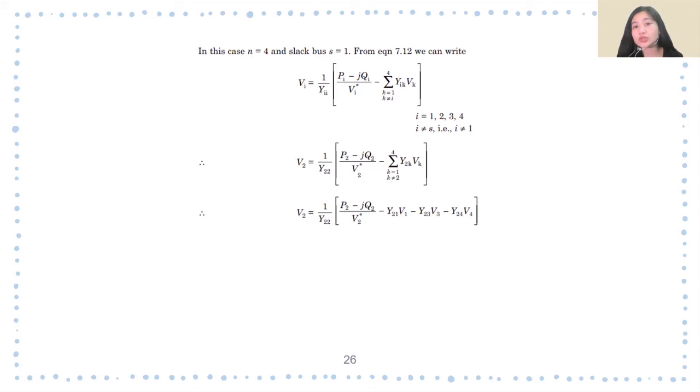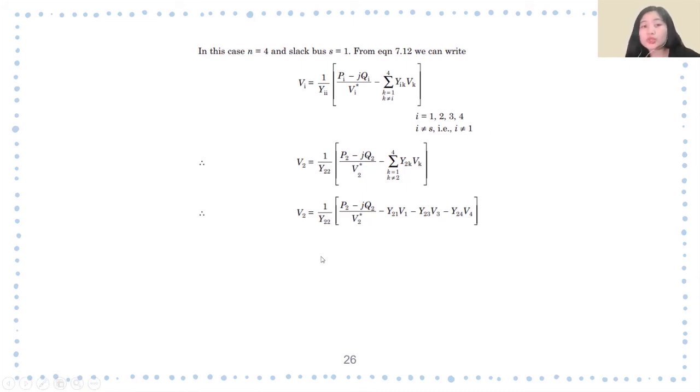But we have to take note that our I is not equivalent to S. Our S is what number? 1, right? So I is not equal to 1. So we eliminate I equals 1 over here because we are not going to solve for our V sub 1, since I is not equal to 1.